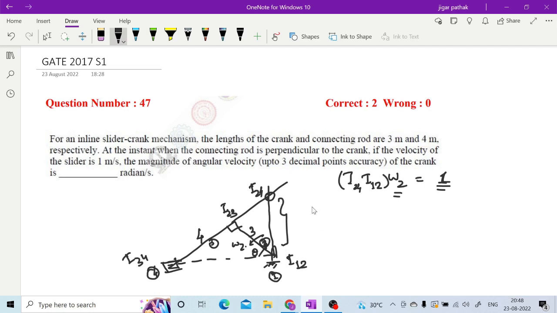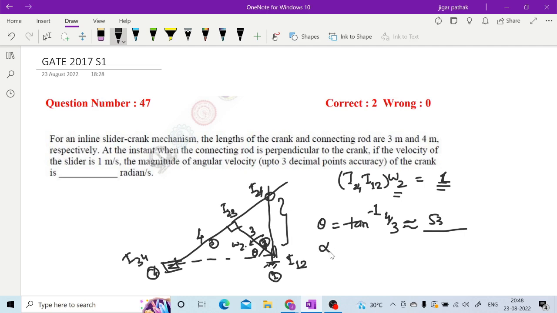For that, first you can calculate this theta. Tan theta is 4 by 3, so theta is tan inverse 4 by 3, approximately 53 degrees.